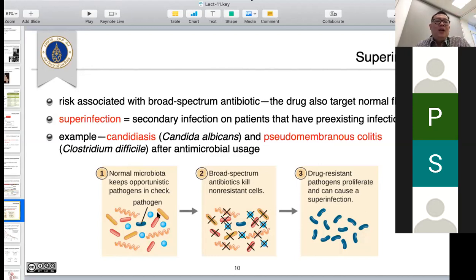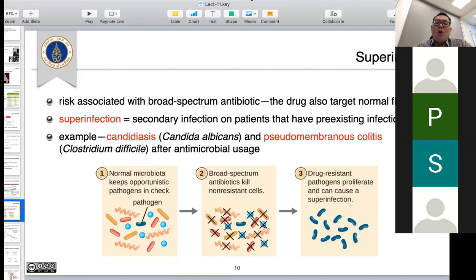For example, Clostridium difficile. Clostridium difficile is an anaerobic bacteria living in the colon. Normally we have some amount of Clostridium difficile, but if some people take broad spectrum and the drug kills most of the bacteria, but not this Clostridium, what will happen? Clostridium will overgrow, because when they live together, the other bacteria control each other to keep the population in balance.